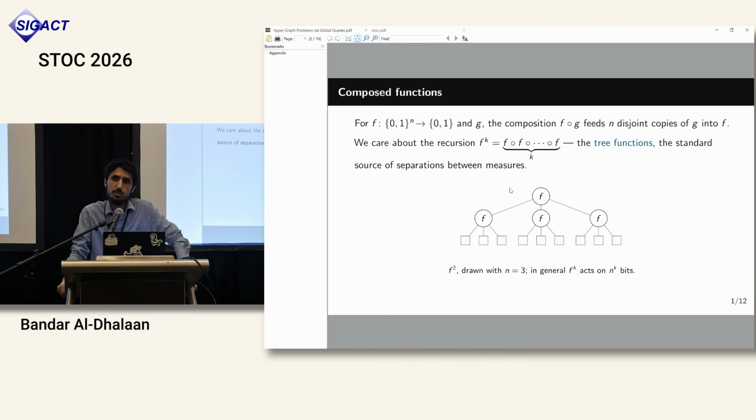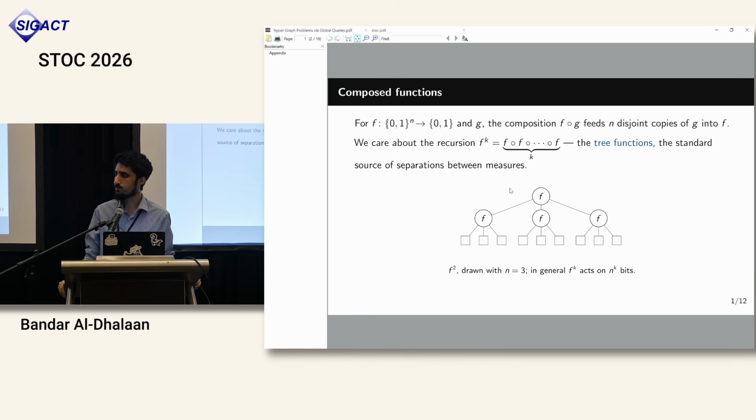So the object of interest is composed functions. If you have a Boolean function f on n input bits and another Boolean function g, then f of g is when you take n copies of g and each one has its own fresh set of inputs. Those outputs go back up to f, and you have f of g.